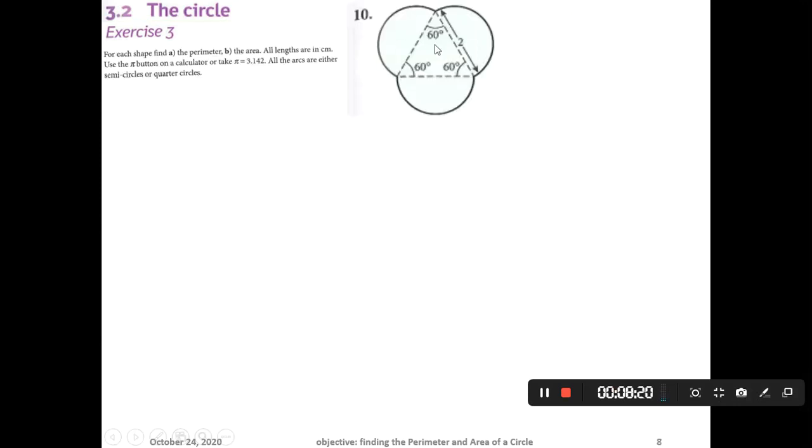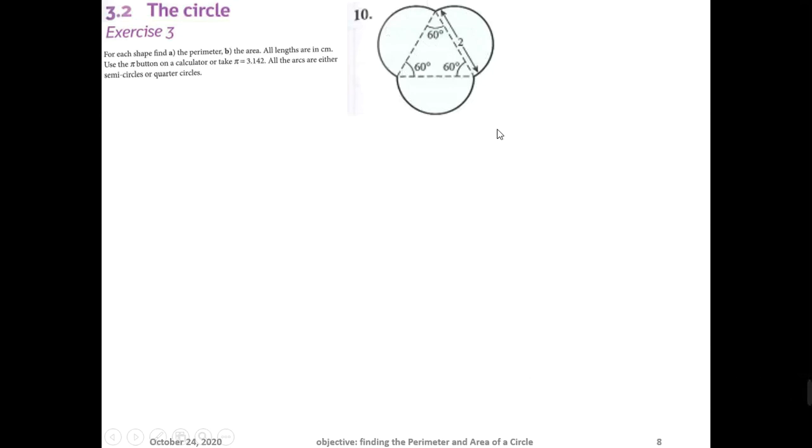I would like you to think of this question on your own, and please try to watch the video again if you struggle with any of the steps. And let me give you a hint here. As you can see, you're going to ignore the triangle in the middle when you calculate the parameter. You only consider it if you're calculating the area of this shape.